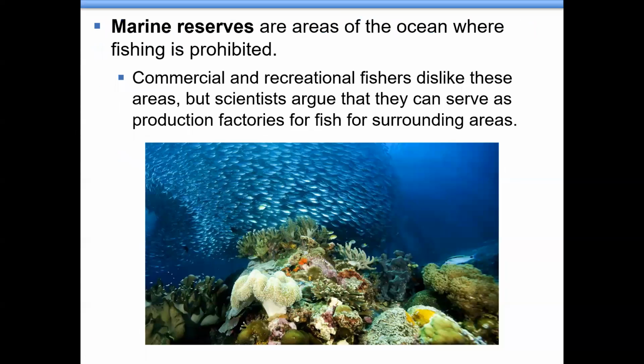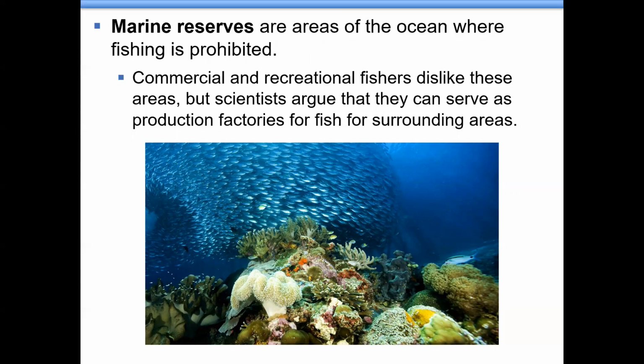A step beyond this is to designate an area as a marine reserve. And a marine reserve is an area of the ocean where fishing is completely prohibited. So in a marine reserve, fish and other organisms are allowed to survive and reproduce as they normally would in a natural setting.